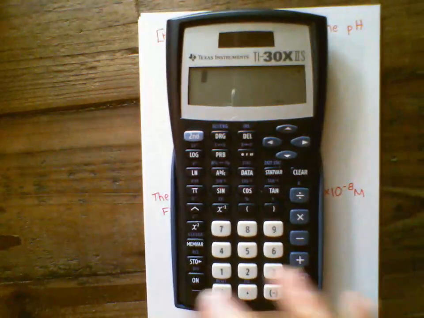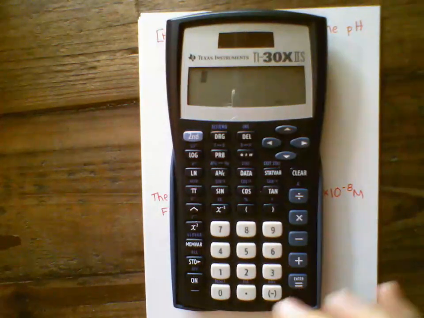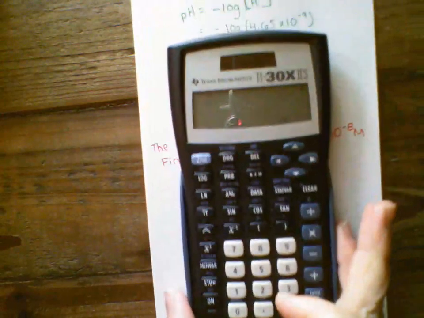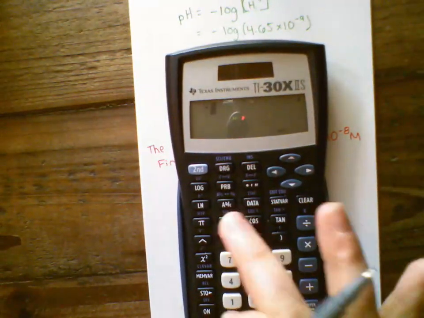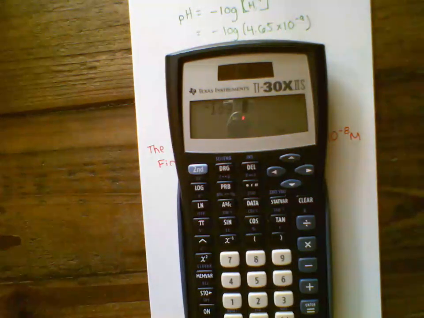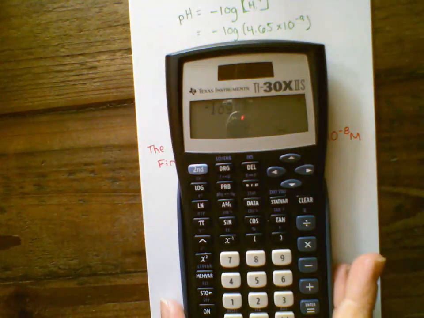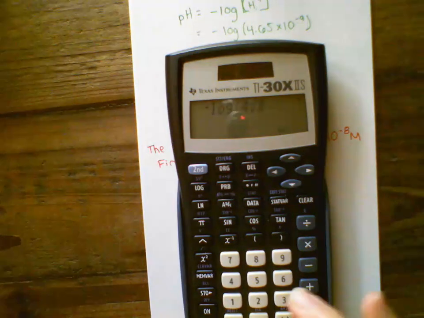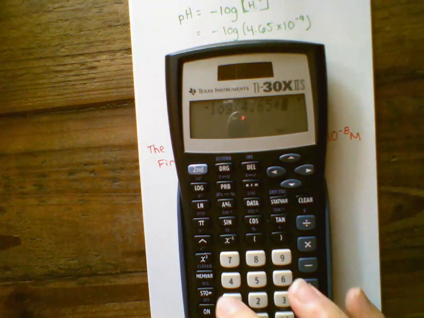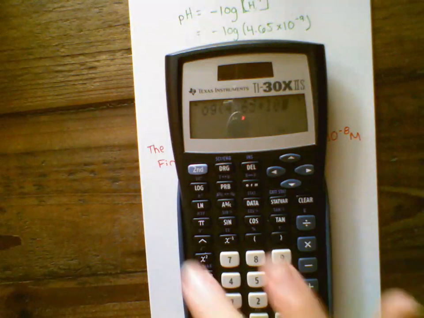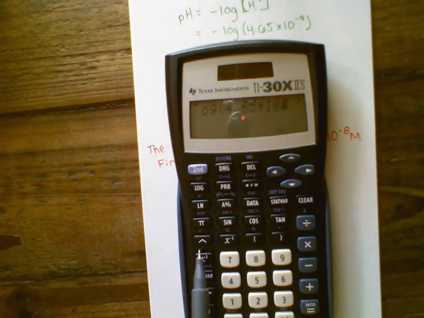Okay. So looking at this calculator here, here's our problem. We want to do the negative log, and then we want to type in that number, 4.65 times 10. And then there's this little caret button that makes our number an exponent.